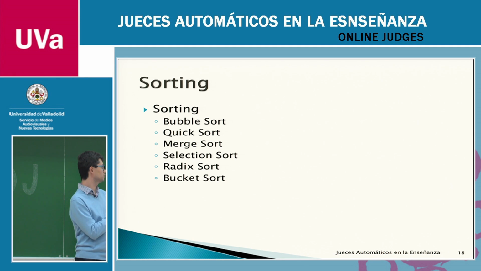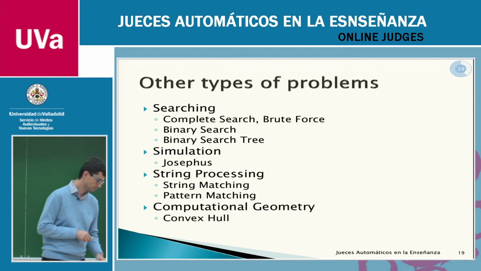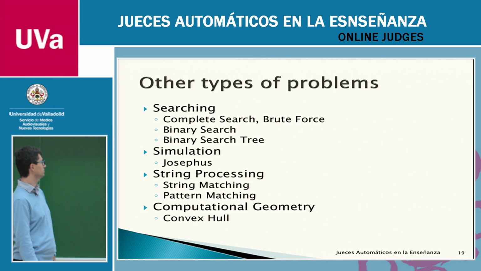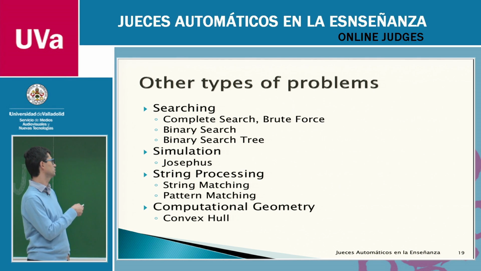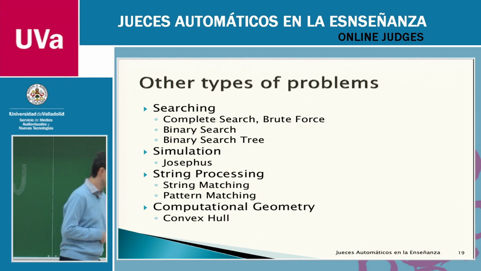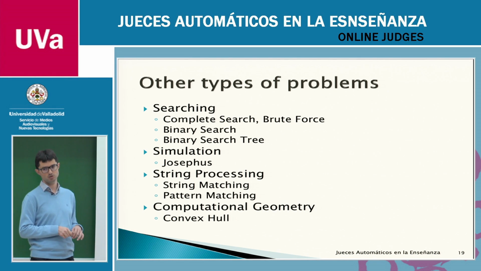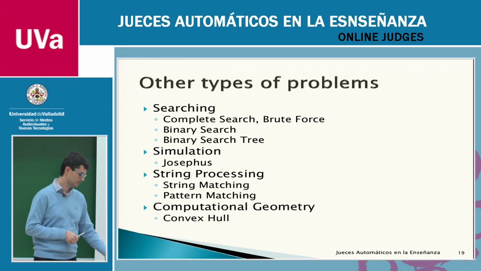These last two do not work all the time, so you need to have limits in the input, but they are very, very quick. There are other kinds of problems, like searching, simulation, and string processing, that you have to know to classify the problem and to start solving it.